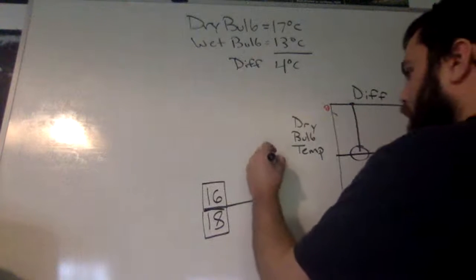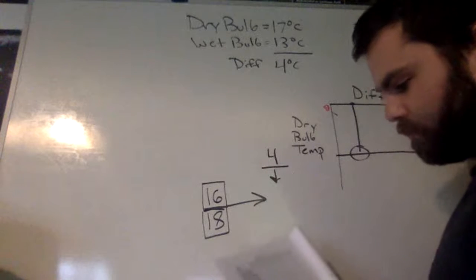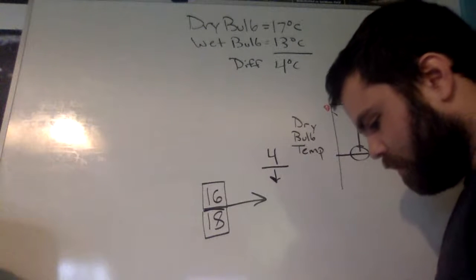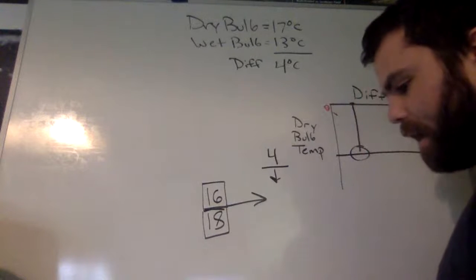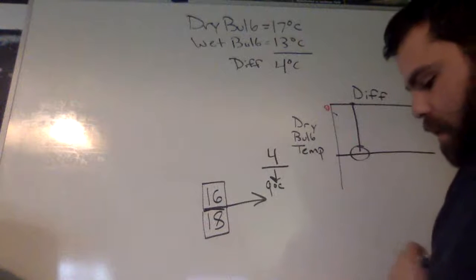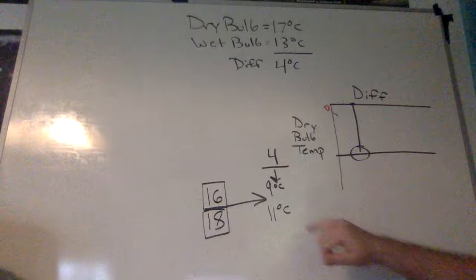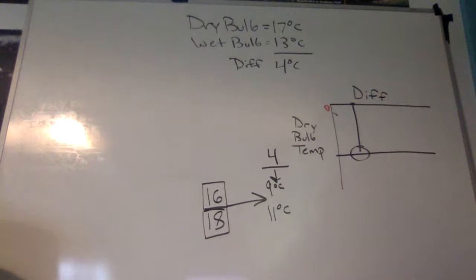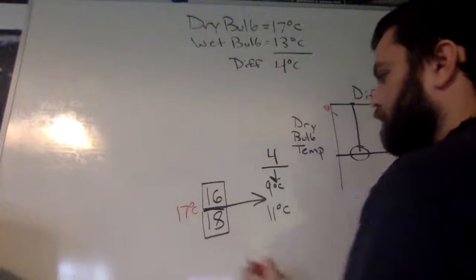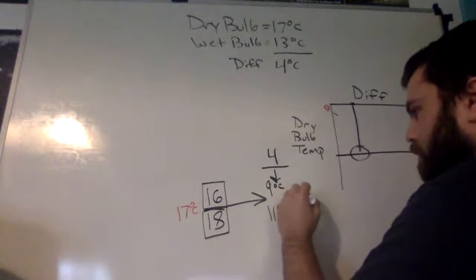When I get to 4 at the top and I'm looking down, I follow it down and find where the 16 is. I get 9 degrees Celsius for 16, and then I get 11 degrees Celsius for 18, okay? Since I know I'm really looking for 17 degrees, I go across, and what's between 9 and 11 is going to be 10 degrees, okay?